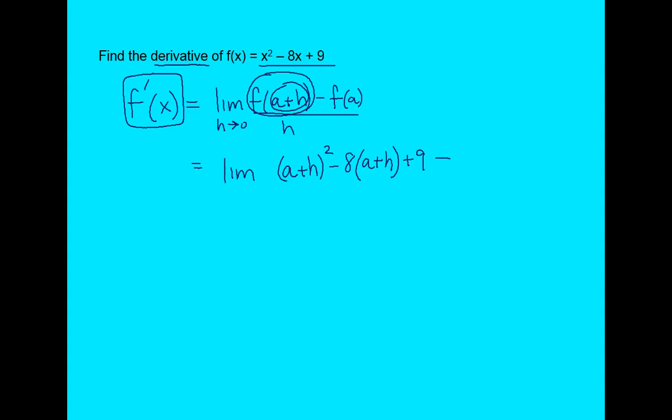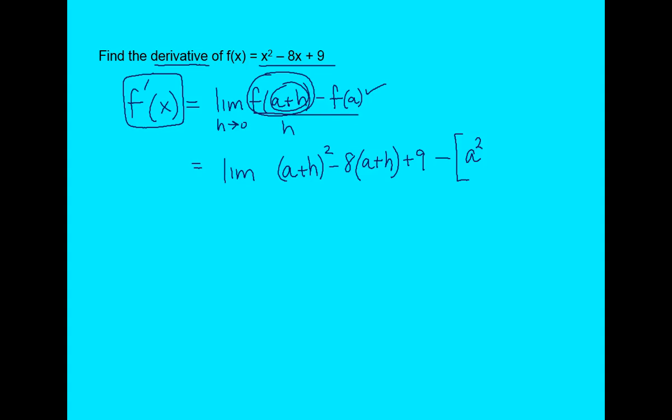Then it says minus f of a. This means I'm going to plug in a to our function. Now it says we need to subtract off this entire quantity. So I'm going to put a parenthesis there, or a bracket, so I don't forget to distribute my negative.